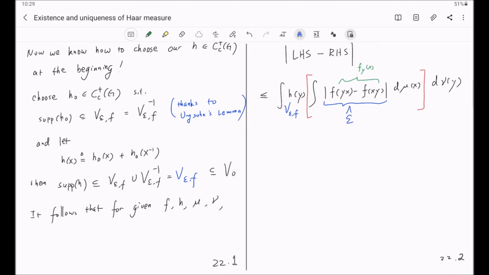So the thing in this red bracket will be bounded by epsilon times mu of the set that contains the support of f_y.